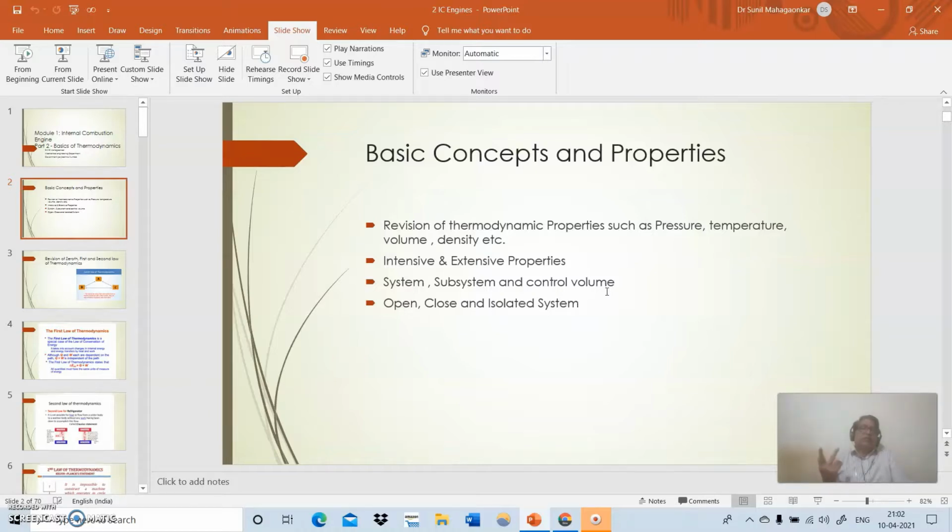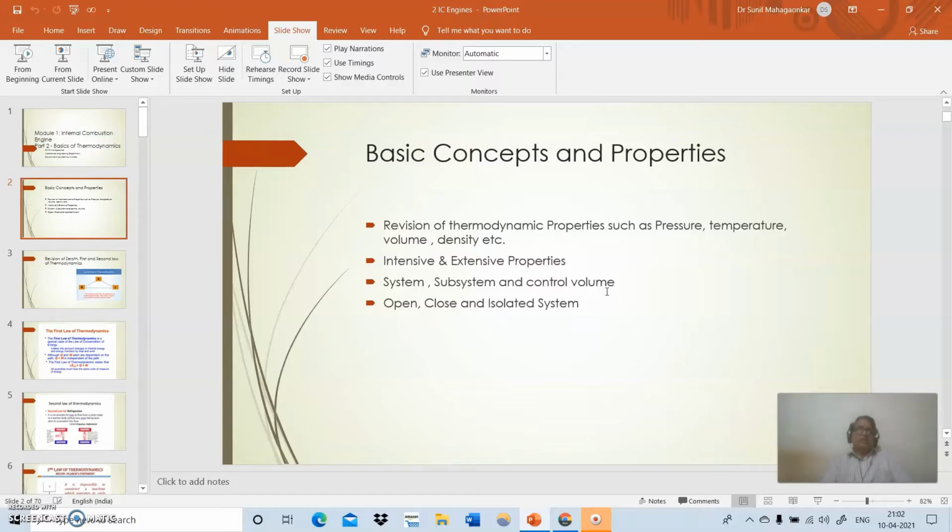There are two kinds of properties: one is the intensive property and another one is the extensive property. An intensive property does not depend upon the mass, whereas an extensive property depends upon the mass. For example, volume depends upon the mass of the system.